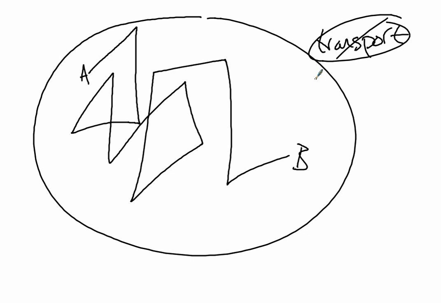So the smaller the cell, the faster the transport is going to be. A small cell is going to be able to transport stuff faster because those things don't have to travel as far to get from point A to point B. It's fairly simple.